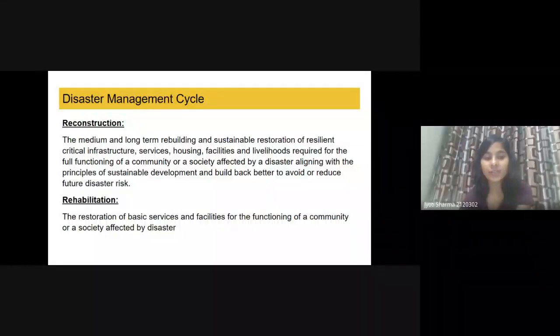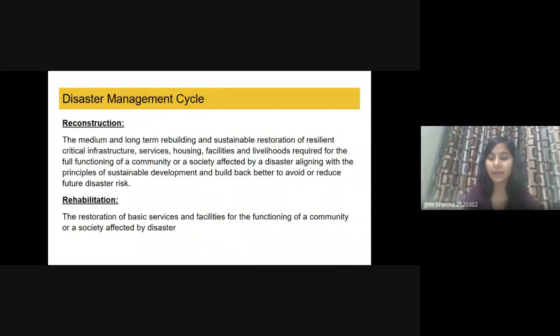Then the reconstruction and rehabilitation. You already know that if a building has been destroyed, then you have to reconstruct it. If the road has been destroyed, then you have to reconstruct it. Rehabilitation is the restoration of basic services. For example, because of a flood, the telephone wires or electricity wires have been broken, so you want to restore the original condition, restore the basic services.